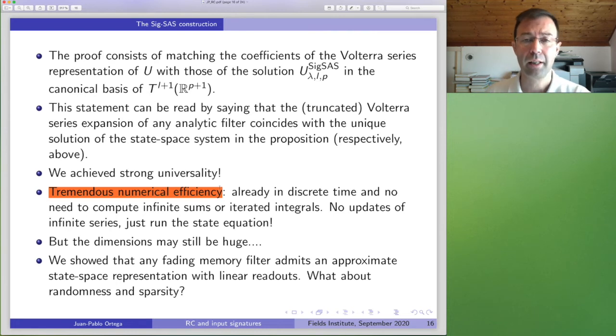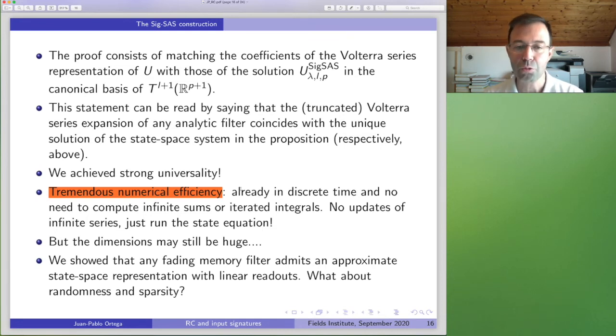The first one is for people who know about signatures, right? When you use signatures to learn the solutions of controlled stochastic differential equations, that construction is relatively sophisticated in the sense that it is a bunch of iterated integrals. At the same time, that construction is directly in continuous time.